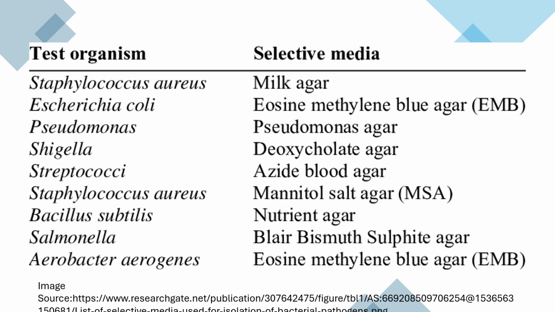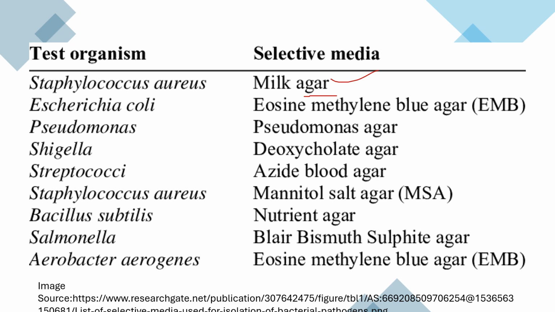And one of the important things is the selection of media. The microorganisms have some selective media, like yeast and mold, they grow in potato dextrose agar. Also a few bacteria related to food have their common media. If it is a liquid medium, it is known as broth, and if it is a solid medium, it is known as agar.